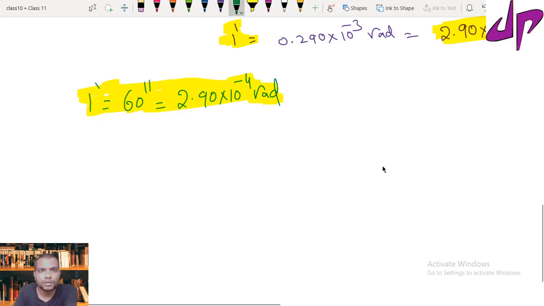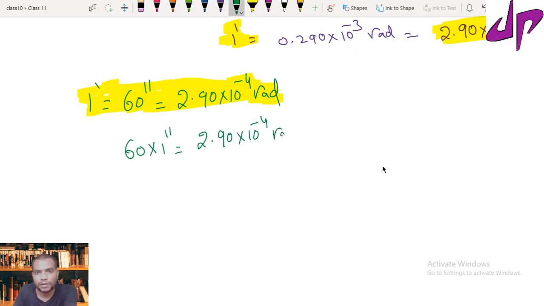Now I need to convert 60 seconds as 60 times 1 second, which equal to 2.90 times 10 power minus 4 radians. So if you divide, 1 second equal to 2.90 times 10 power minus 4 upon 60 radians.